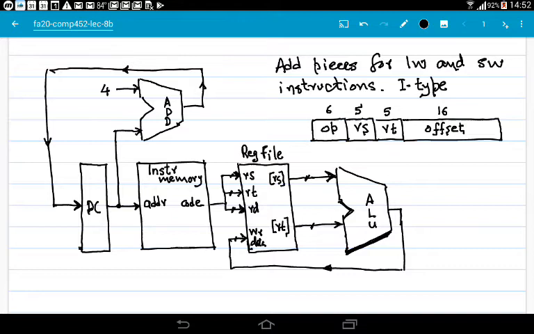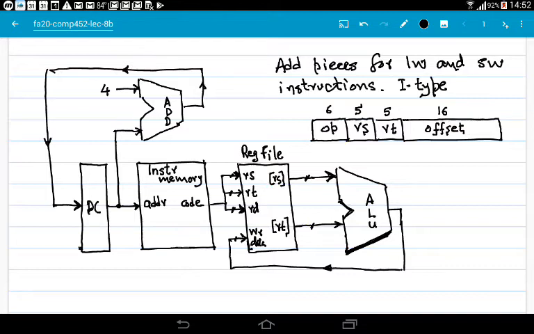They are also I-type instructions, but their data path is slightly different, so we're not going to go into that detail. We will just focus our discussion on load word and store word, and then later on branch if equal instruction.